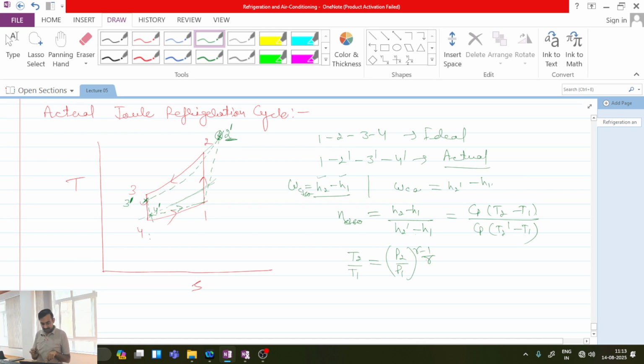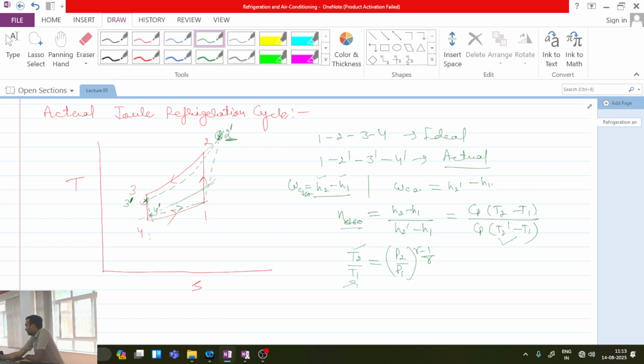From here, if you know T1 and the pressure ratio, then you can calculate the value of T2, and this T2 you can then substitute in the definition of isentropic efficiency to calculate the actual exit of the compressor, which is T2 dash.